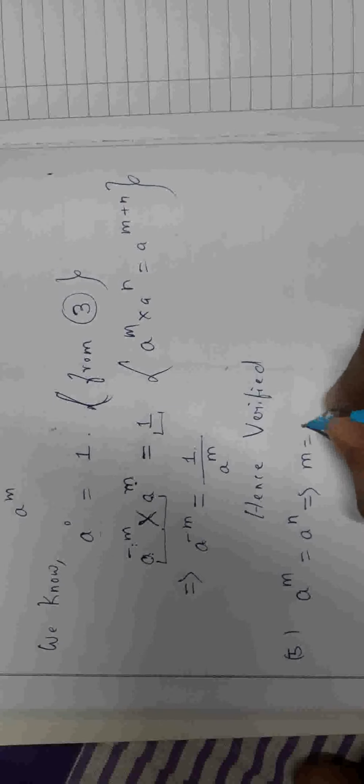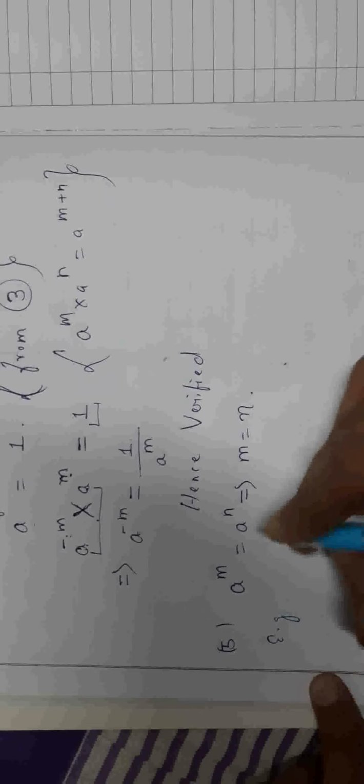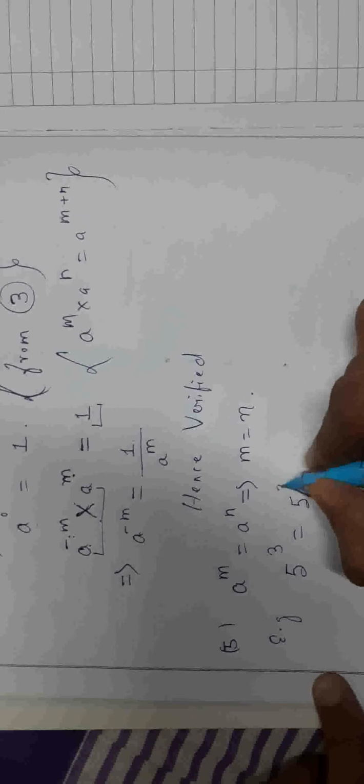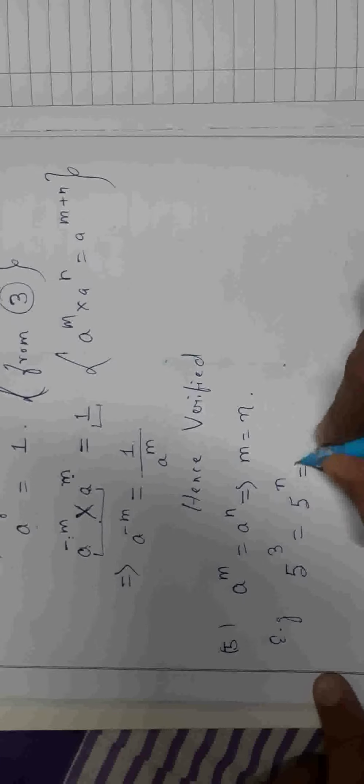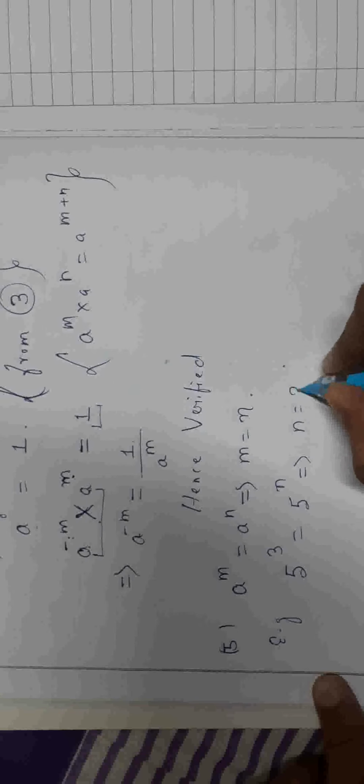Fifth formula says a to the power m equal to a to the power n, which implies m equal to n. Here it means if you have any number where base is same, for example 5 to the power 3 and 5 to the power n, it implies that n equal to 3.